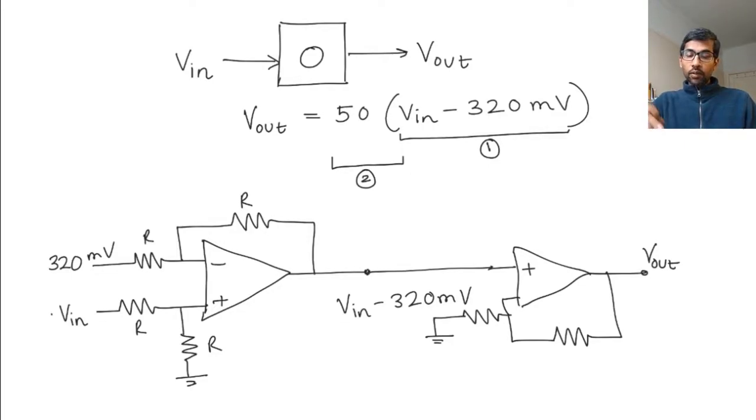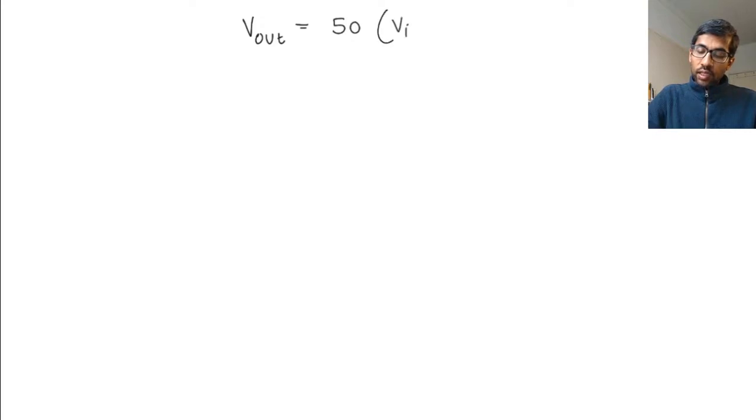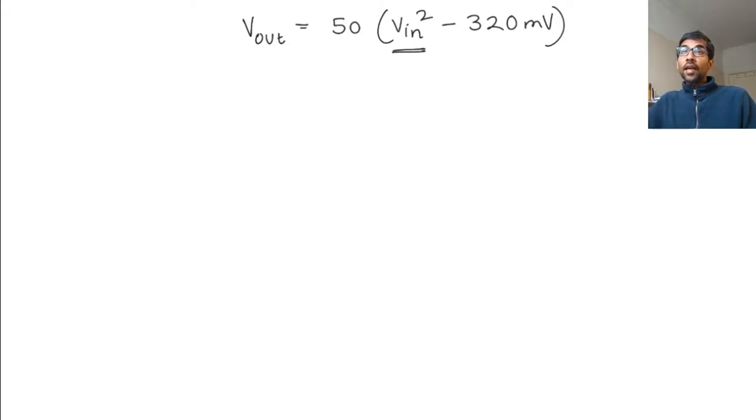But now let me ask you, I'm going to change the relationship a bit and say I want V out equal to 50 times V in square minus 320 millivolts. And now all of a sudden what you need is a circuit that can do a squaring operation. Perhaps you know a circuit that can do a squaring operation and you can put it in.